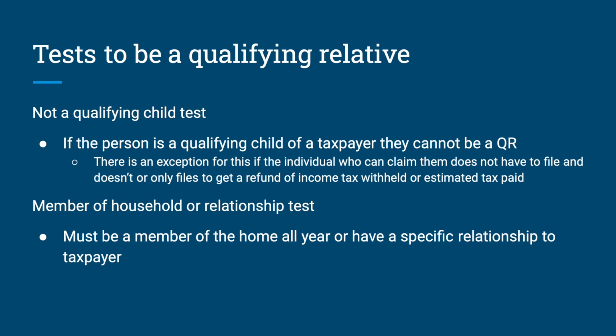So there is an exception for this if the individual who can claim them does not have to file and doesn't, or only files to get a refund of income tax withheld or estimated tax paid. So a little exception there, but in general, if the person is a qualifying child of a taxpayer, they cannot be a qualifying relative. And then the second test is the member of household or relationship test. They must be a member of the home all year or have a specific relationship to the taxpayer.